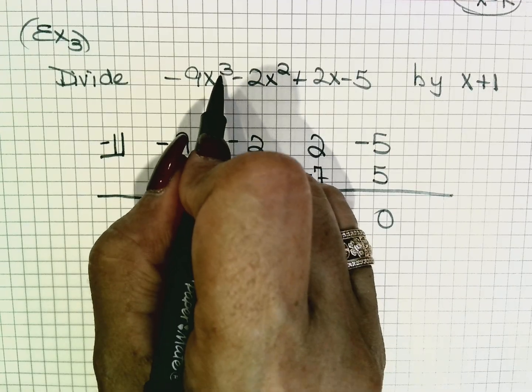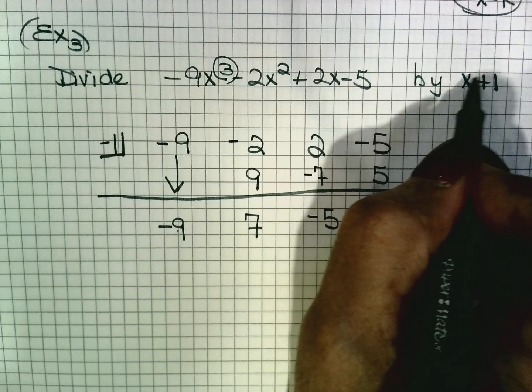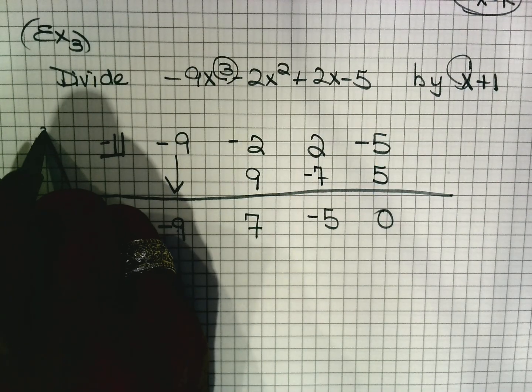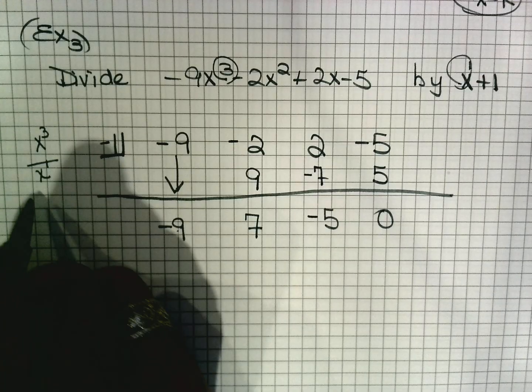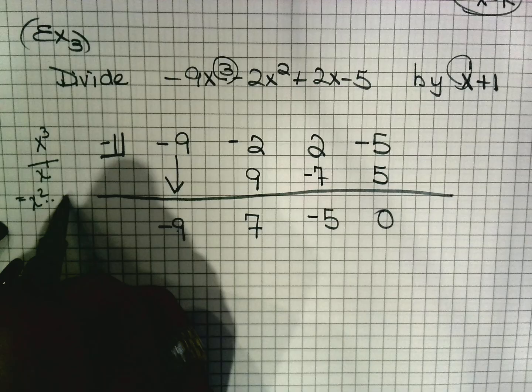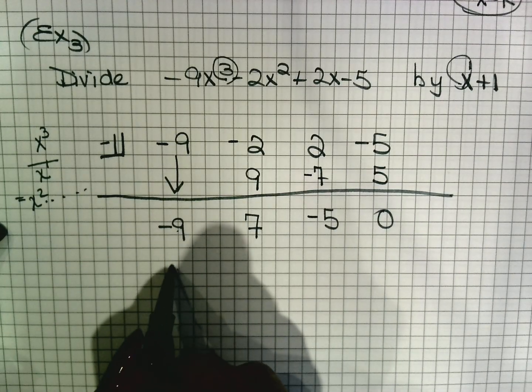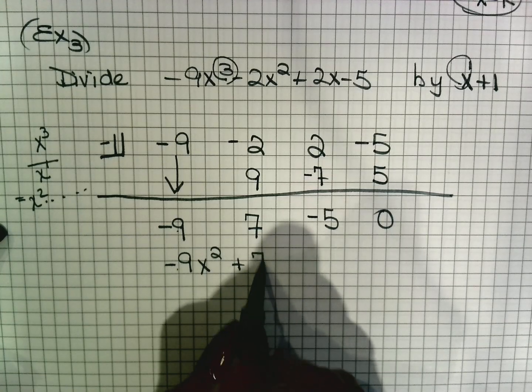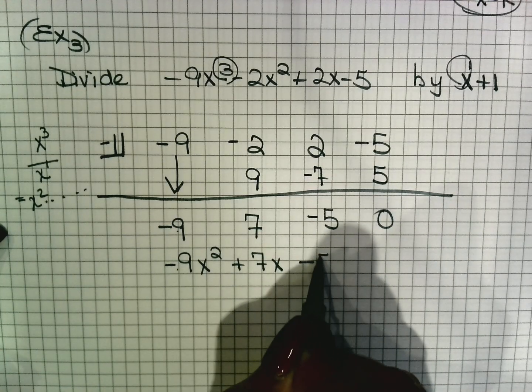Once again, here you have an x to the 3rd, and you're dividing it by an x to the 1st. Again, we're just looking at that first term in both of them. So that means our answer should start off with x squared something something something. So this is going to be -9x squared plus 7x minus 5.